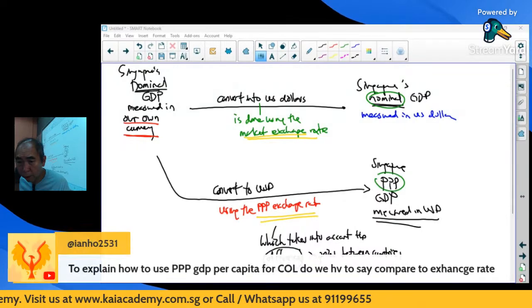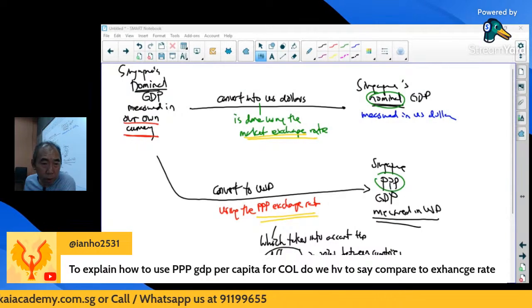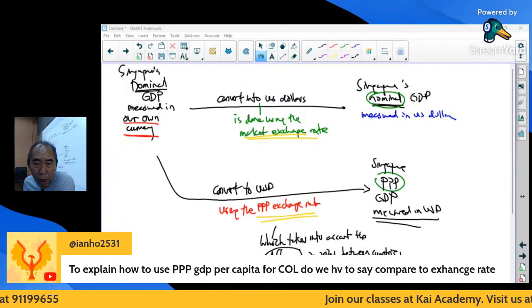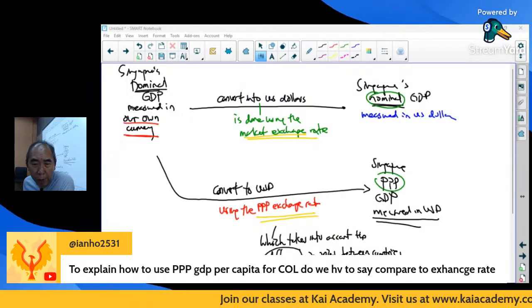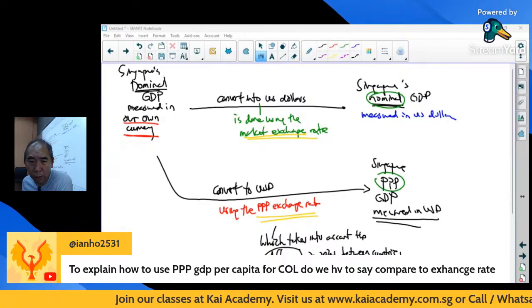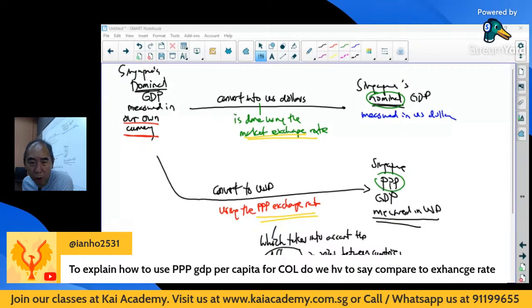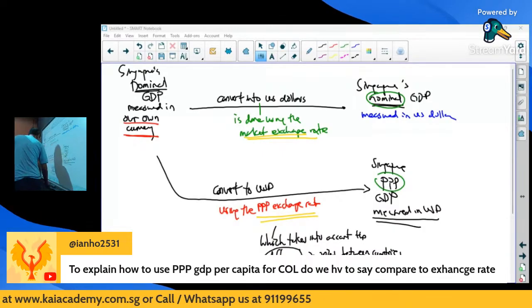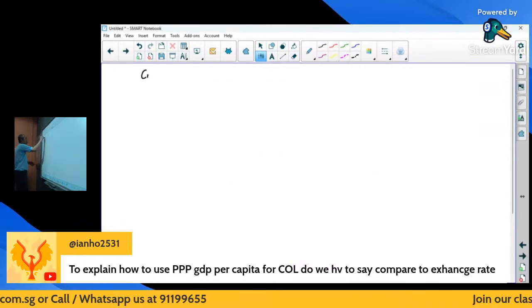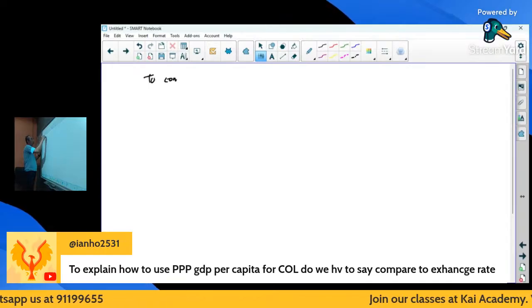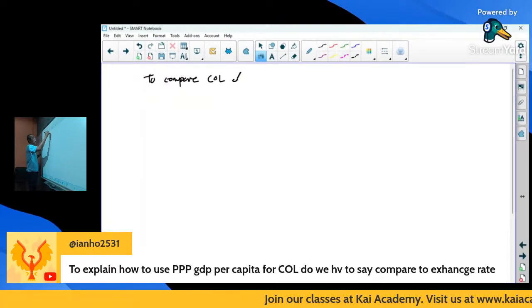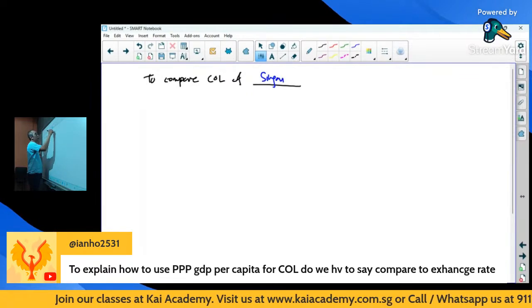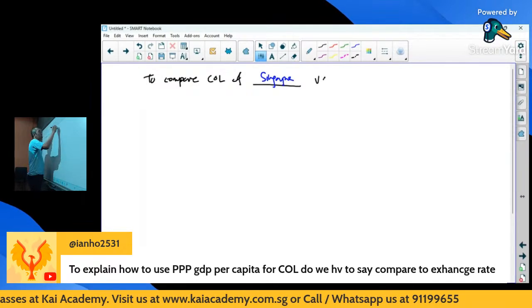All right, I have Ian asking a question. To explain how to use PPP GDP per capita for COL, do we have to say compare to exchange rate? Oh, I don't get your question, Ian. What do you mean by do we have to say compare to exchange rate? So if you wish to compare COL of, let's choose a random country, let's say Singapore versus USA.